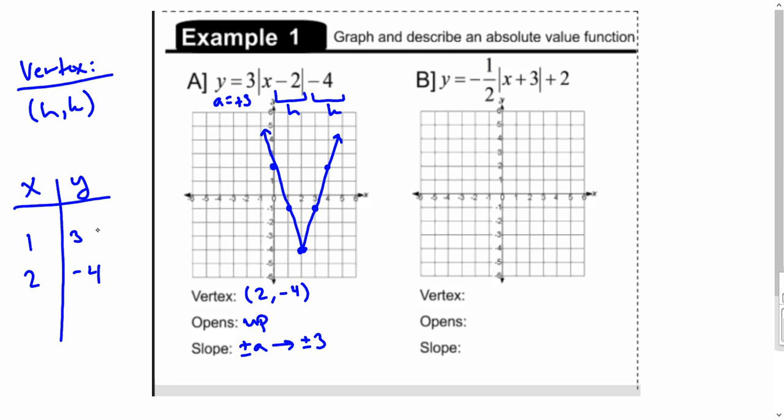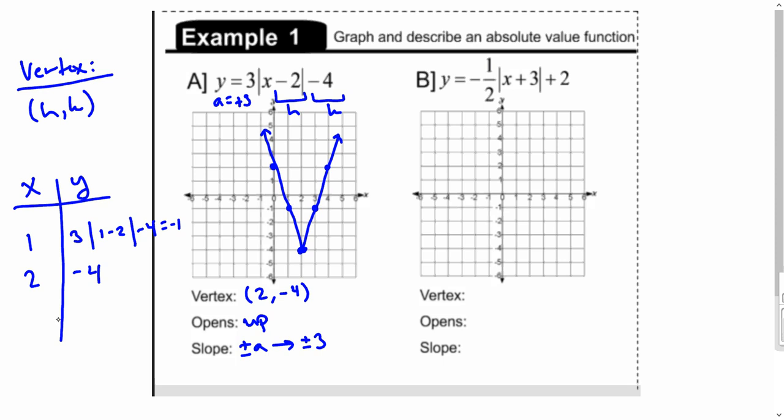So we do 3 times the absolute value of 1 minus 2, and then minus 4. Doing some arithmetic, 1 minus 2 is -1. The absolute value of -1 is +1. 3 times +1 is 3. 3 minus 4 is -1. So I should have the point (1, -1) on here, and lo and behold, (1, -1) is right there.